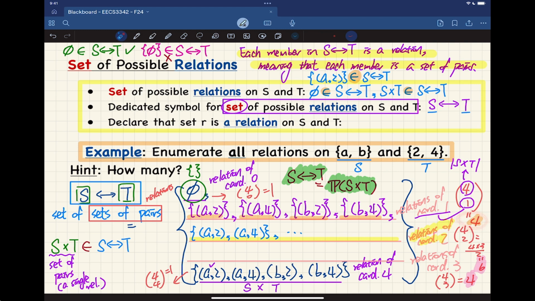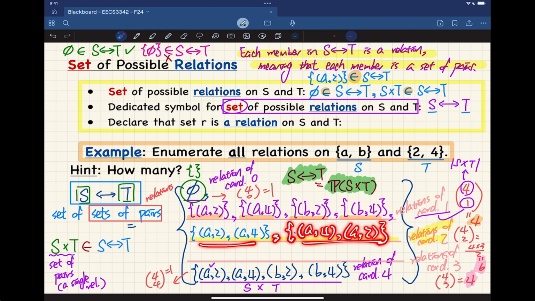I meant, if we have A and 4, we can have A and 4 and... No, you cannot. Okay, so if your worry was, is it possible that I got this one here as well, I got A4 and also A2, and these two are counted twice? No, it's not possible.